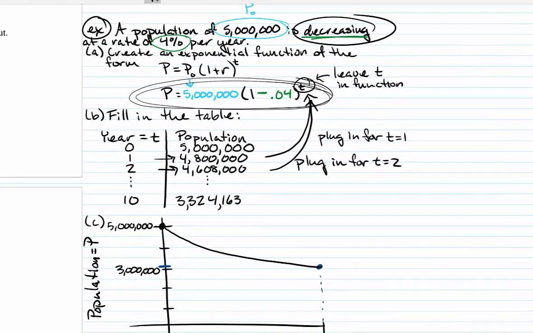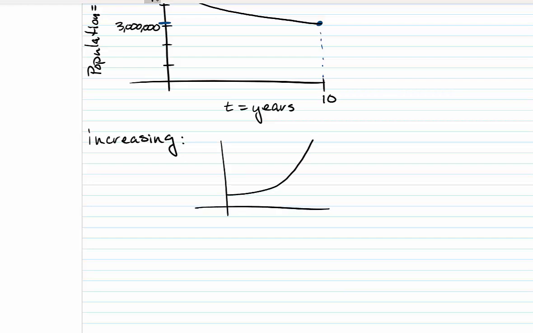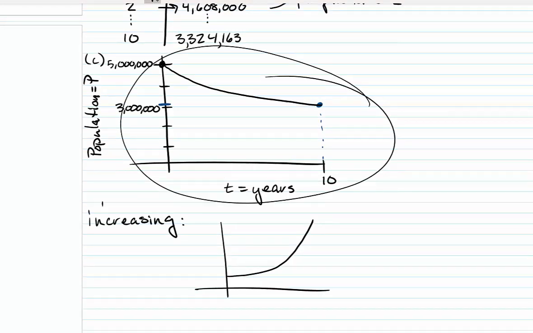Now, if the population were increasing, an increasing quantity would look like this. Hypothetically, it would curve upwards. But that's not what's going on in our problem. This is what's happening in our problem. If it was increasing, I should say, so that you realize that this is not part of our problem. If your population was increasing, then your graph would curve upwards.